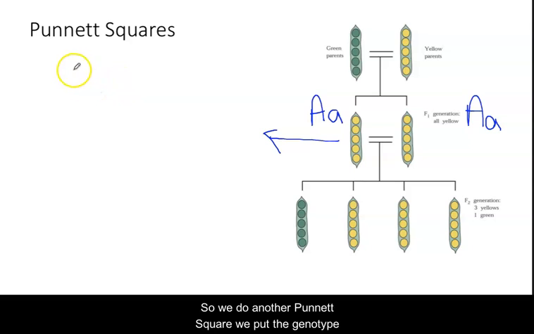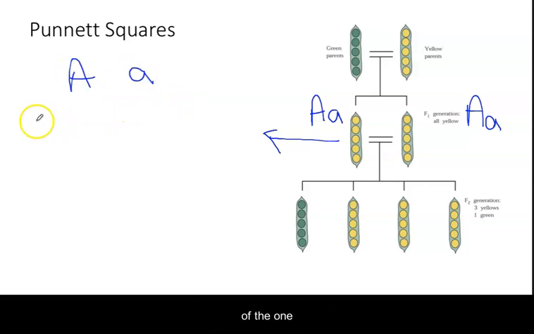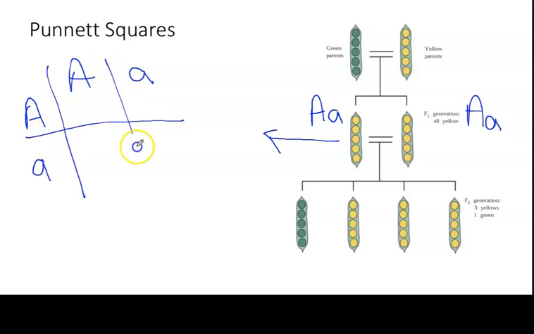So if we do another Punnett Square, we put the genotype up here of the one parent and the genotype over here of the other parent. And then we fill in the boxes just like we did before.